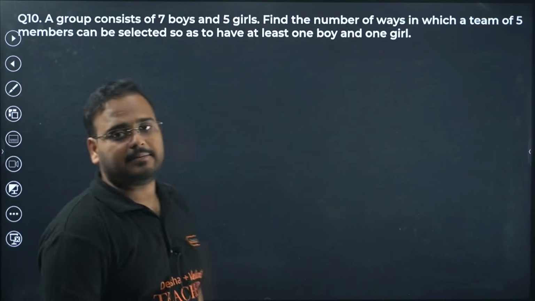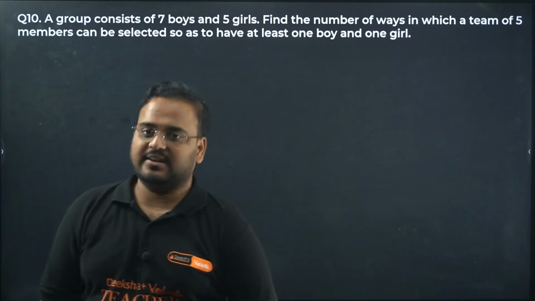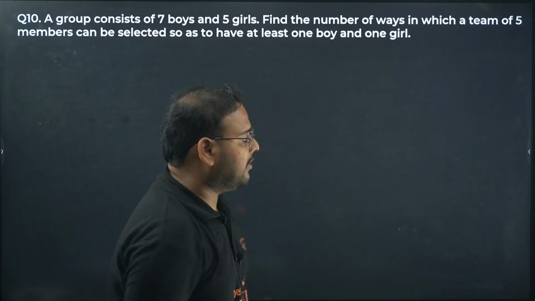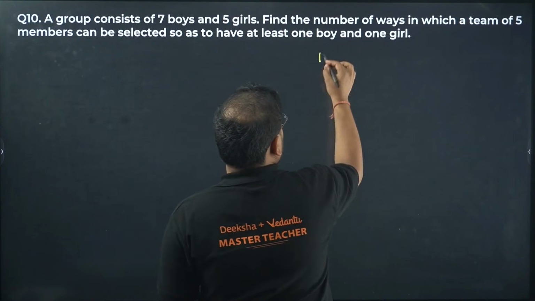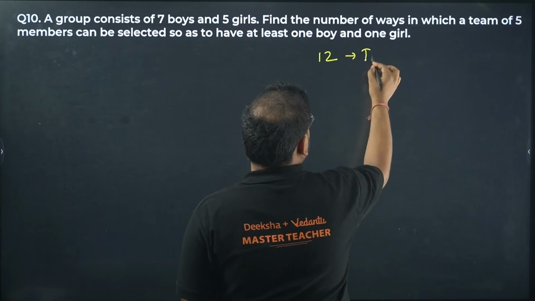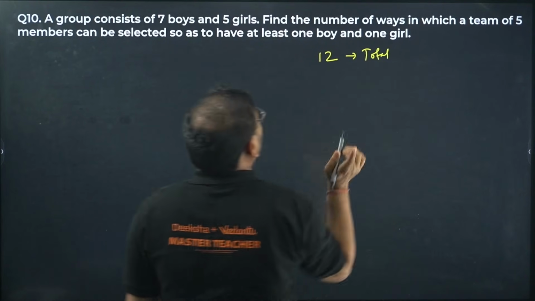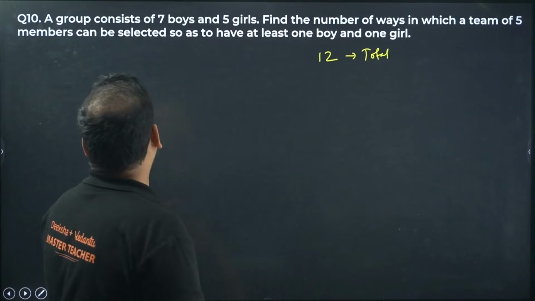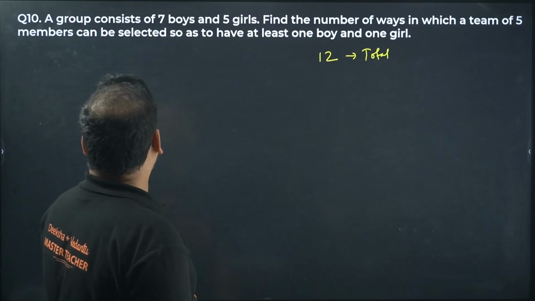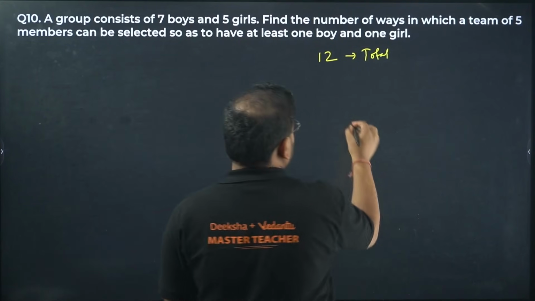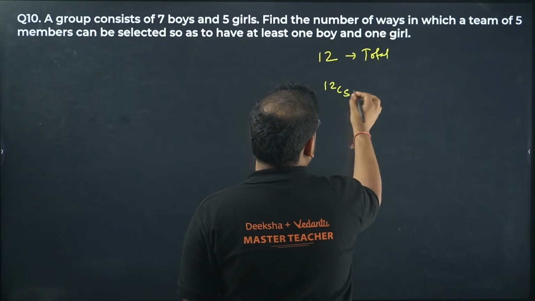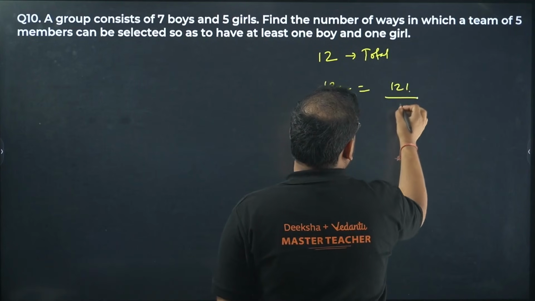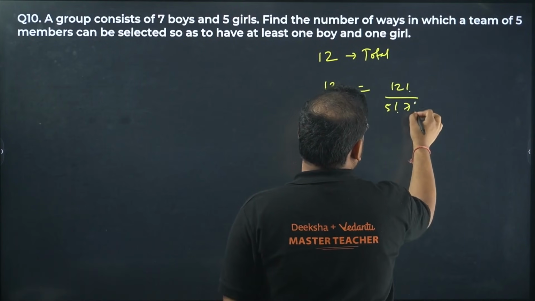Next, question number 10. A group of 7 boys and 5 girls, so a total of 12 people. Find the number of ways in which a team of 5 members can be selected. So 12C5, 12 factorial by 5 factorial and 7 factorial.